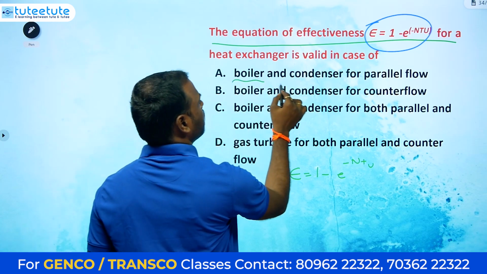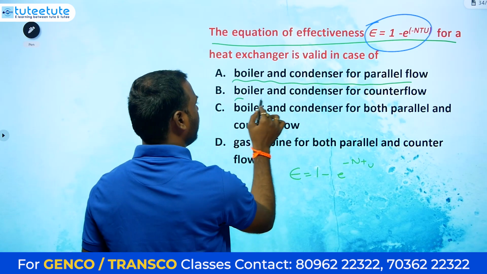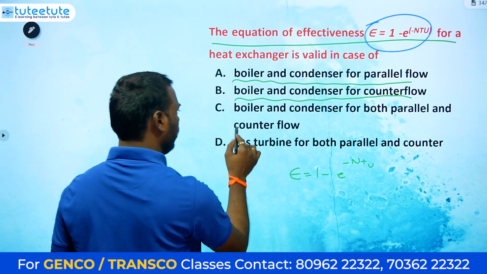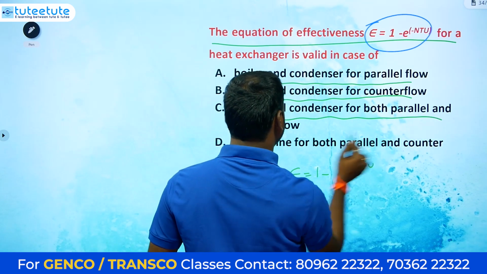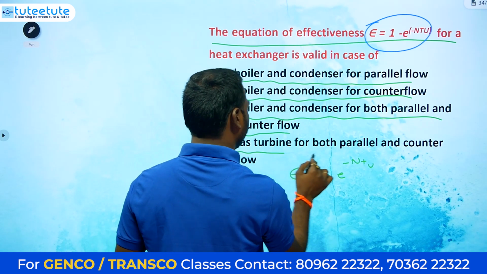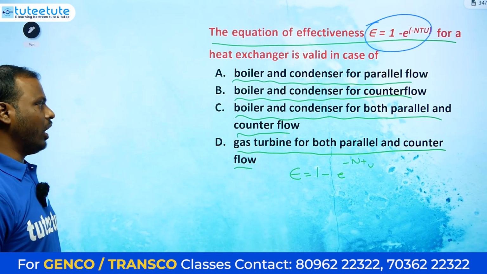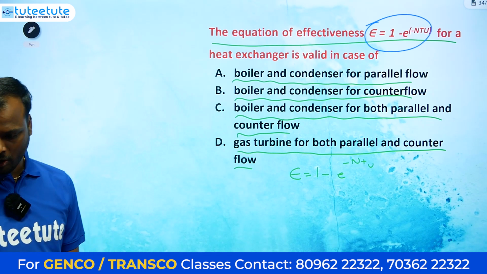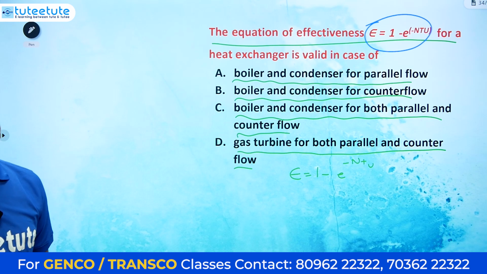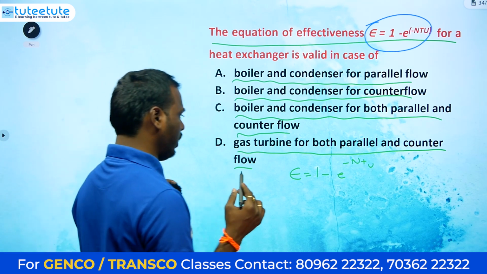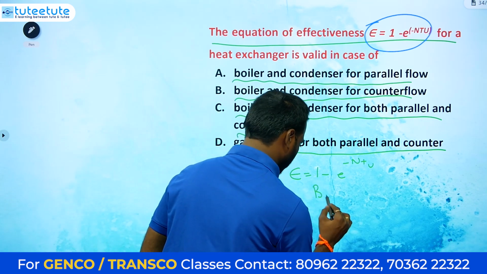Options: boiler and condenser for the parallel flow, boiler and condenser for the counter flow, boiler and condenser for both parallel and counter flows, gas turbine for both. First of all, we need to understand what happens in gas turbines and what happens in boilers and condensers. Boilers or condensers are generally for phase change only.